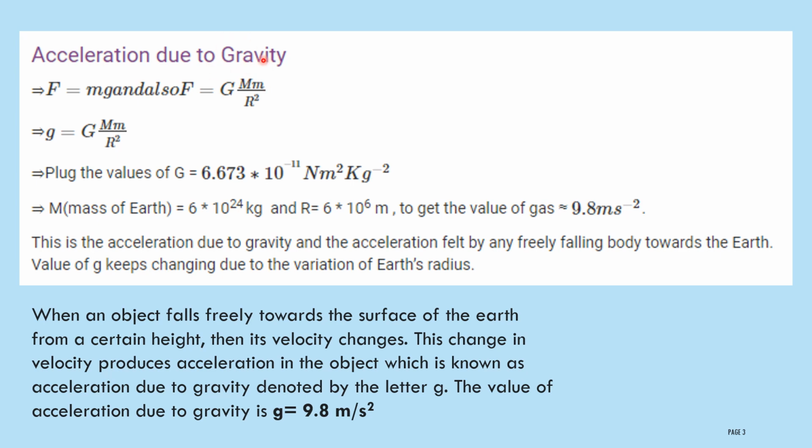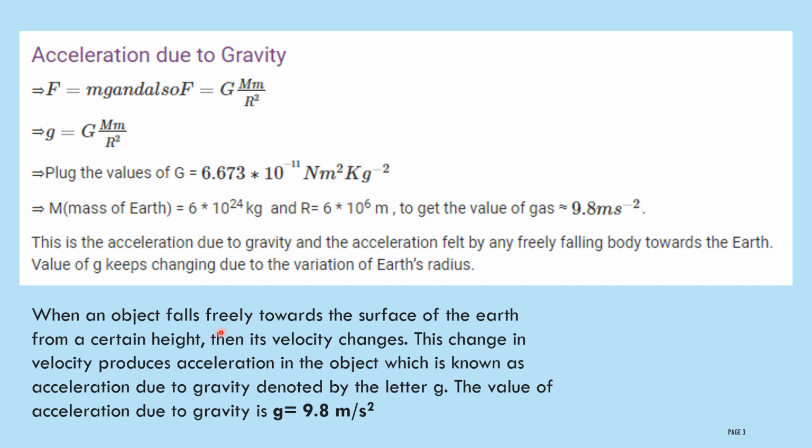Because of gravity, when a freely falling body acquires a change in velocity, the change in velocity leads to acceleration. Because of gravity, the acceleration of the freely falling body keeps changing, and we call it acceleration due to gravity.